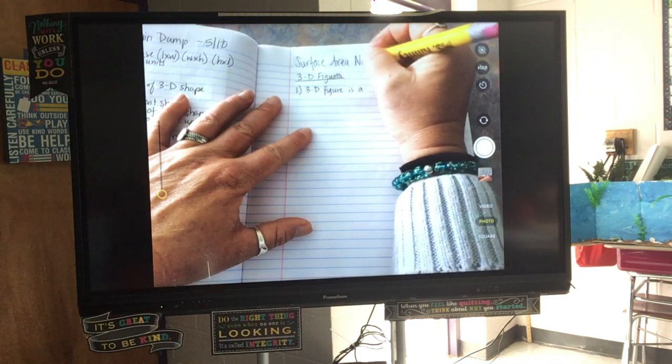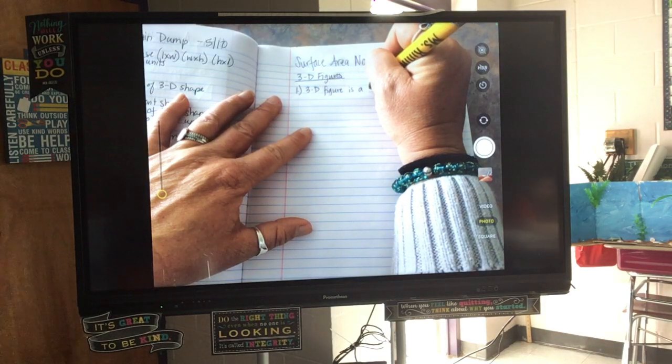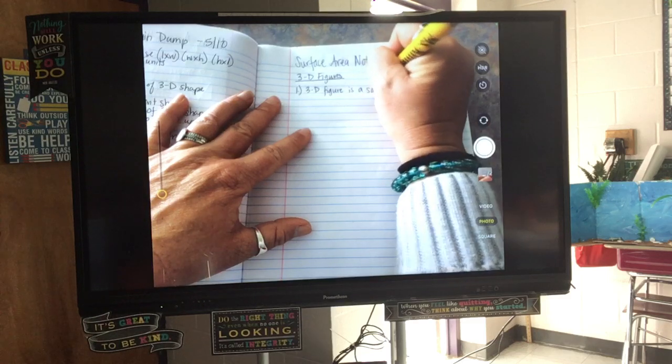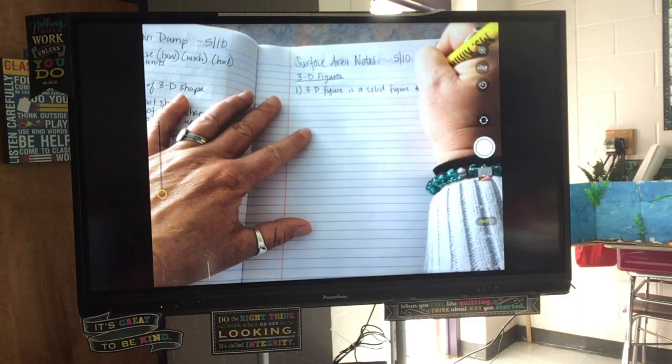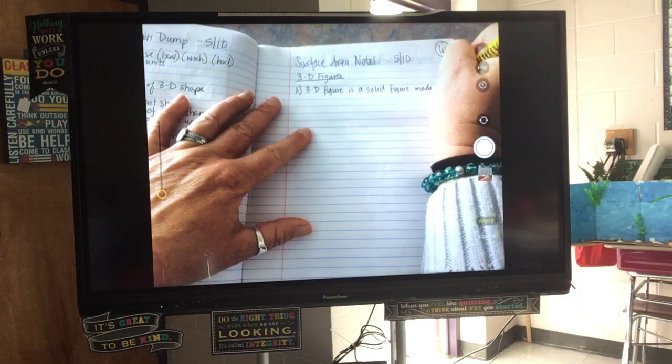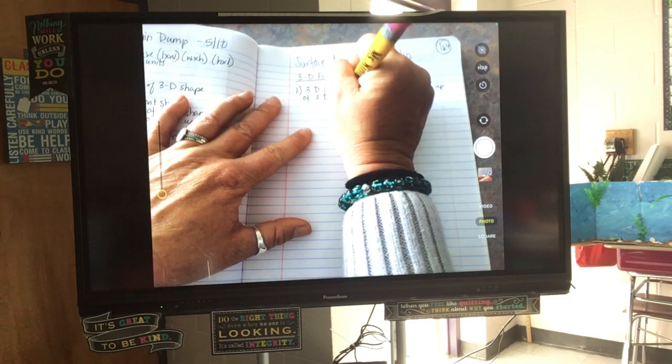A 3D figure is a solid figure made up of 2D shapes.